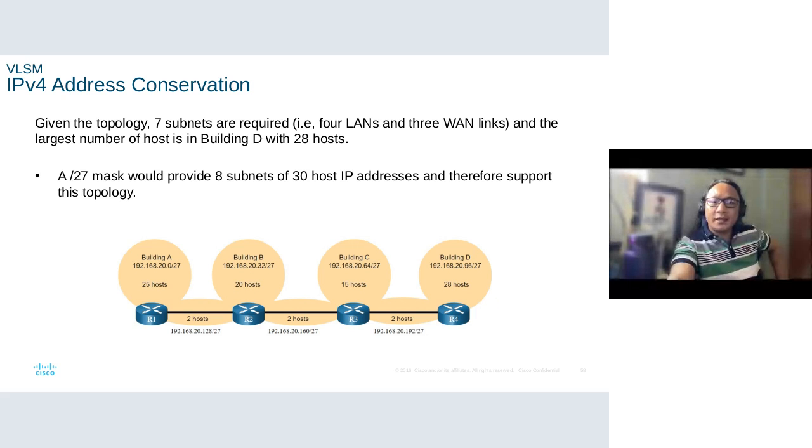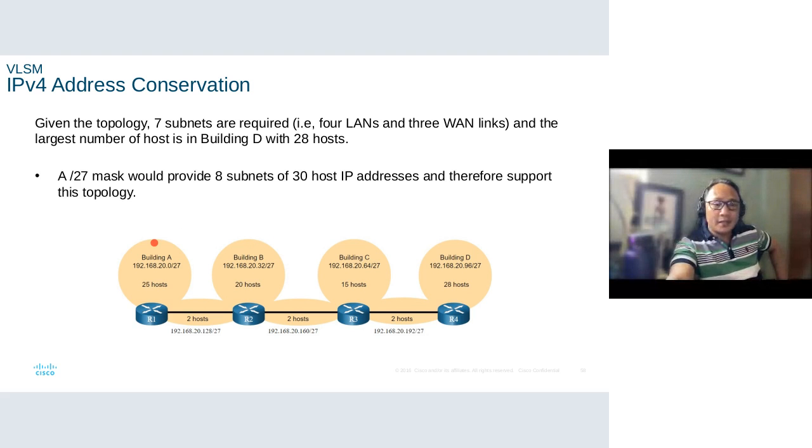The essence of variable length subnet masking is about address conservation. Meaning we conserve usage, and not many IP addresses are wasted, especially if the subnetworks have different requirements from one another.